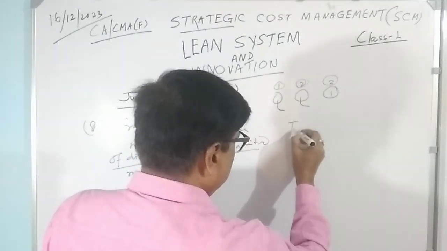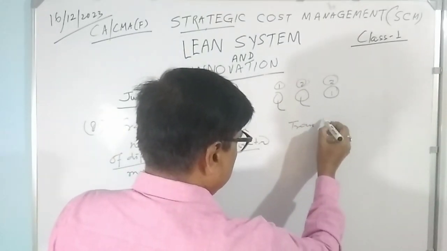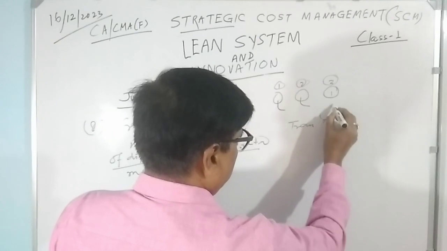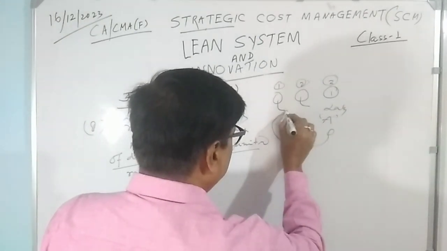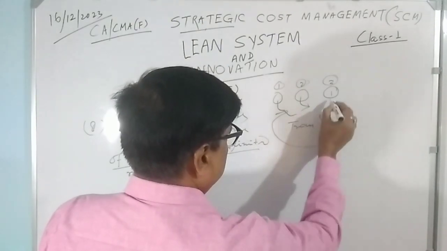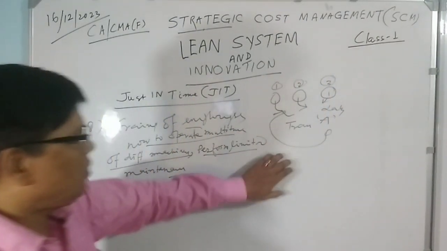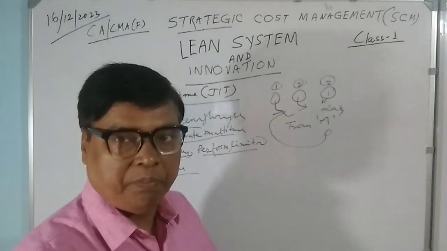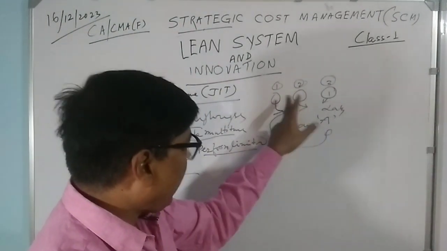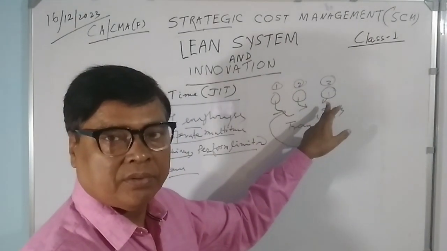You have to train, suppose, a labor A, so that he will be acquainted with all the systems of 3 different machines. So what will happen, you need not put 3 different types of people to handle the 3 different machines.